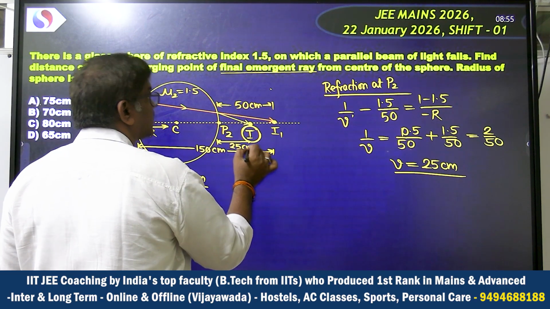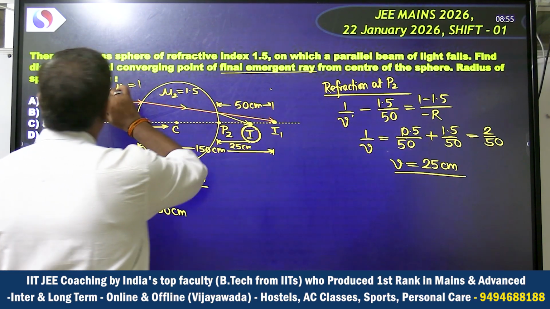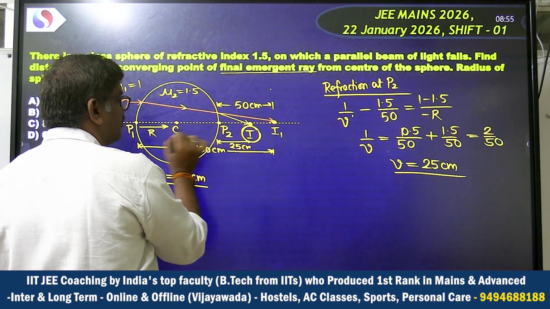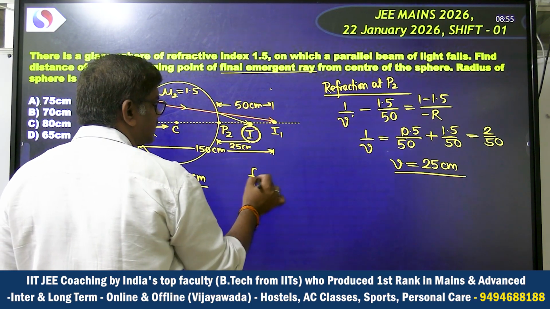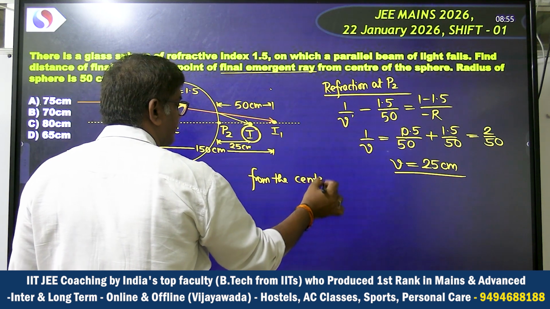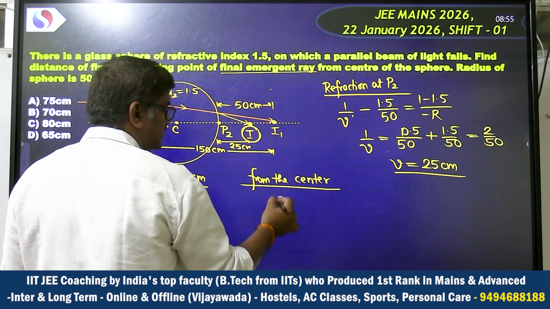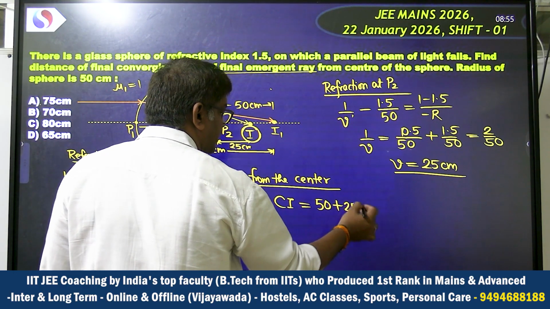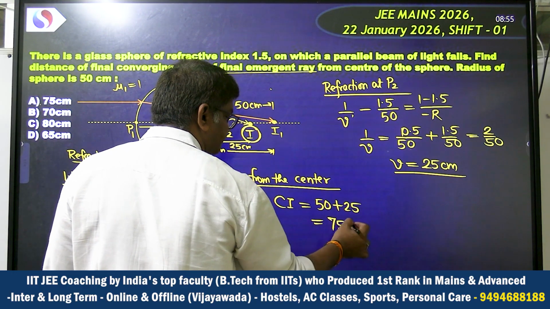But mind it, 25 is the distance of the focus from P2, while they are asking for the distance from the center. This distance from C to the image is going to be 50 plus 25, which is 75 centimeter.